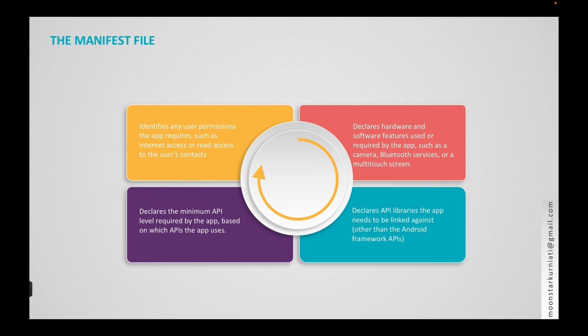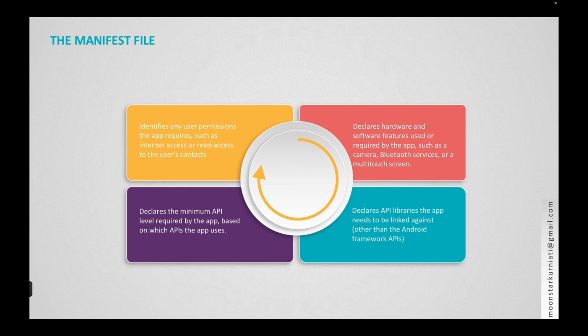The manifest file can identify any user permissions the app requires, such as internet access or read access to the user's contacts. It can declare the minimum API level required by the app.